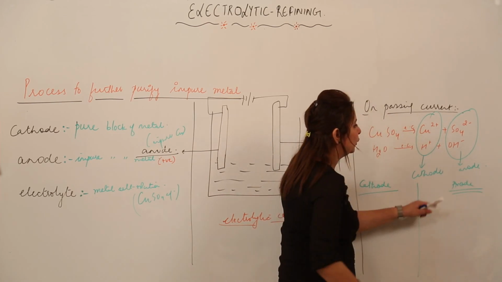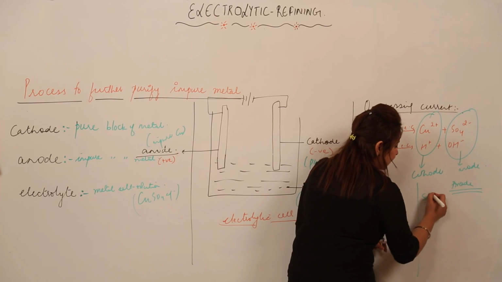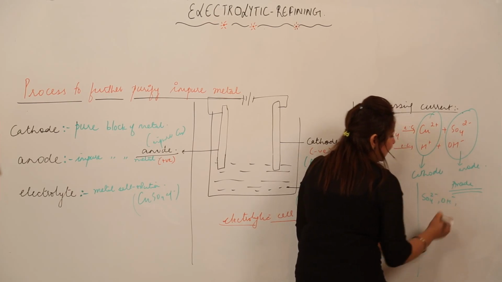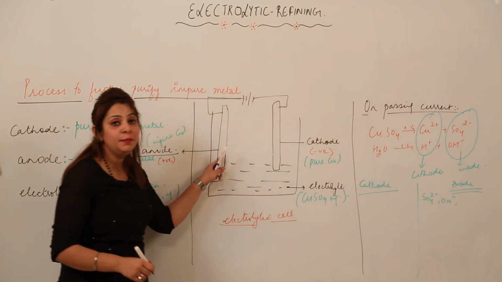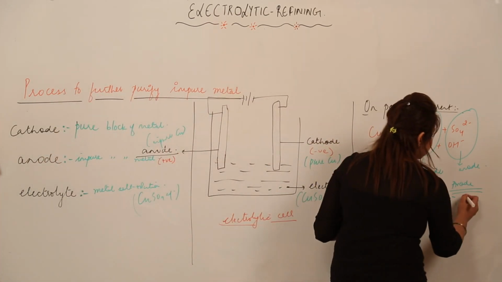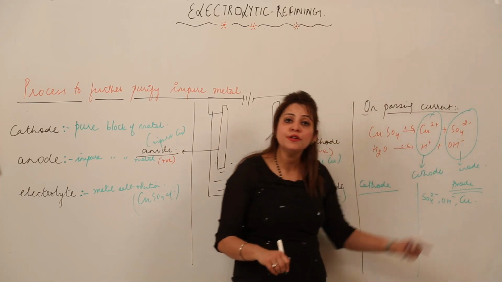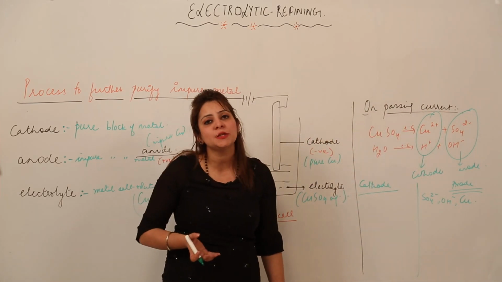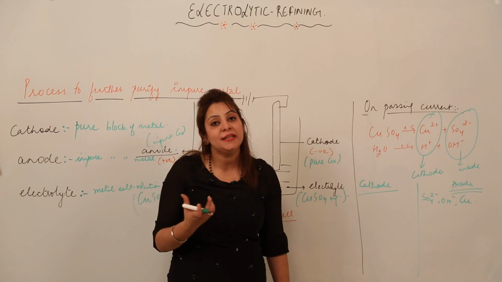So on the anode, which ions migrate? Sulfate ions, hydroxide ions, and don't forget it is obviously made up of the impure copper. So that means it too has the copper atom. So out of these three, which has the lowest discharge potential is going to get discharged.